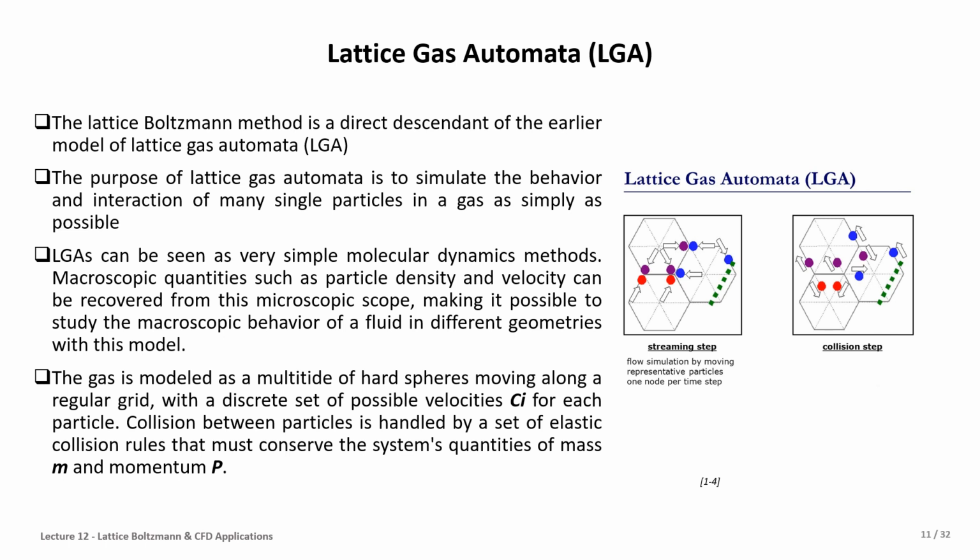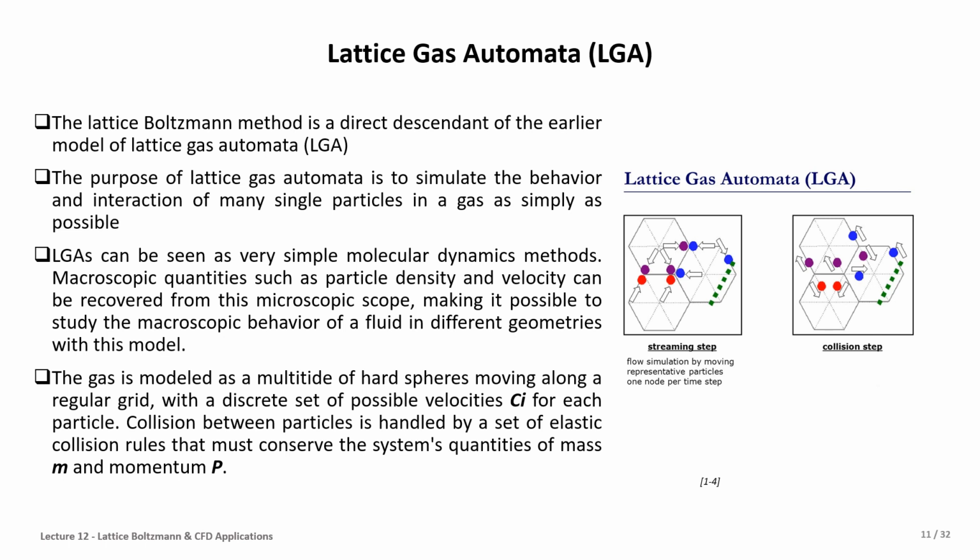From the LGA, it is possible to derive the macroscopic Navier-Stokes equation, which is the main concept in fluid dynamics. Interest in the LGA method leveled off in the early 1990s.